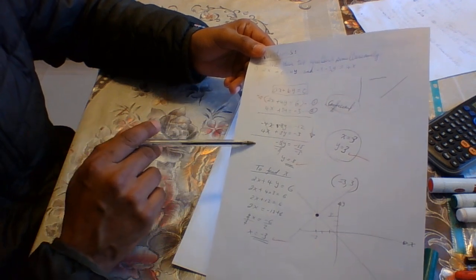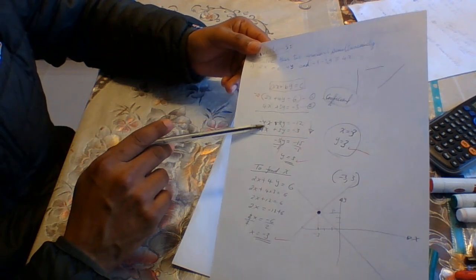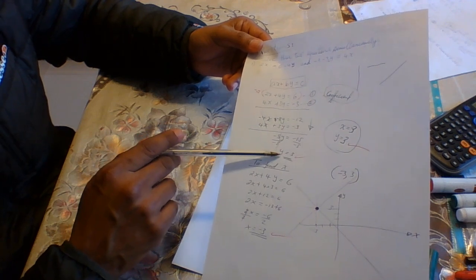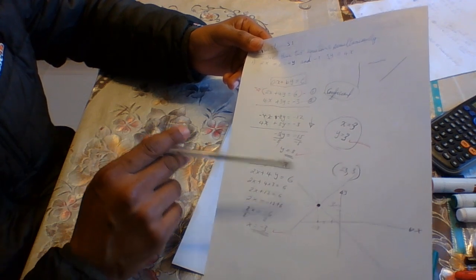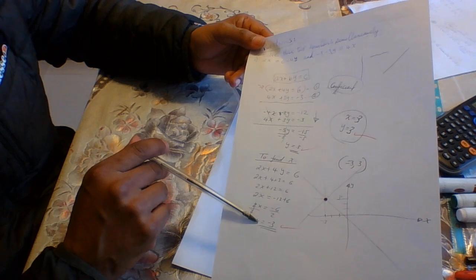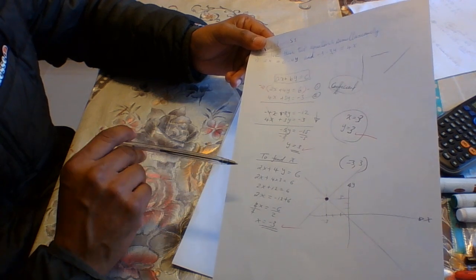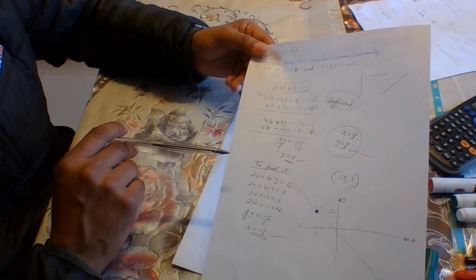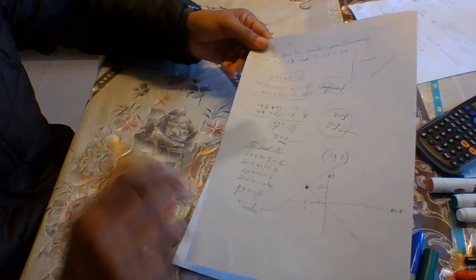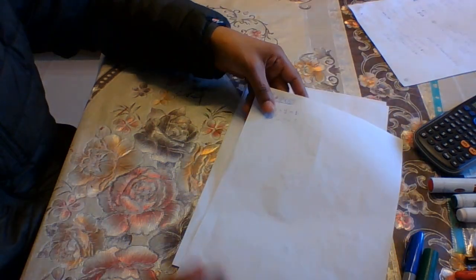So in this case we eliminated the variable x and solved for y, and then later we found x. So that's what we did last time. So today we carry on doing other examples.